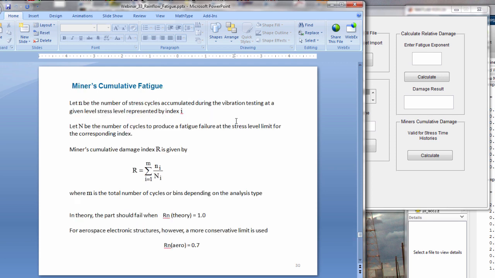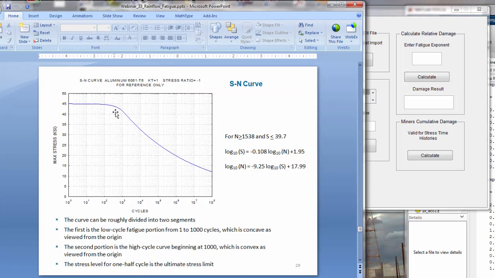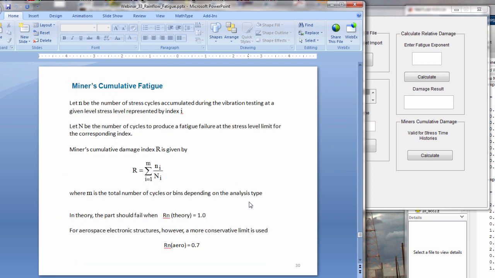So let's just go back to our aluminum curve here. We're going to assume that our stresses are well below the ultimate stress limit. And we're just going to take this and simplify this as a single curve here.